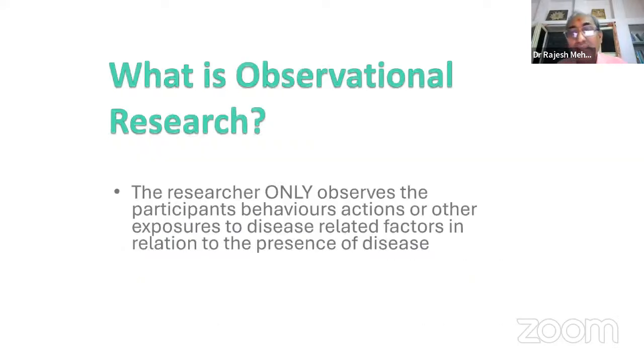Now, let's say we want to compare the various pathies and various treatments together. Let's say I want to study Ayush and allopathy together, and I can randomize the people: you go for the Ayurvedic treatment, you go for the allopathic, you go for the homeopathic treatment.